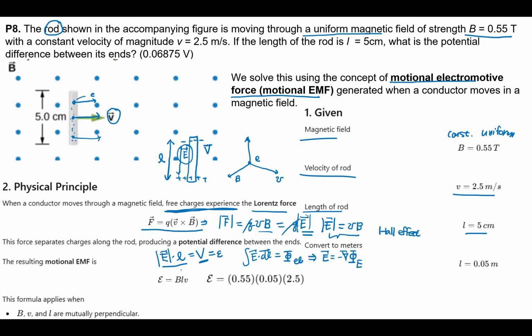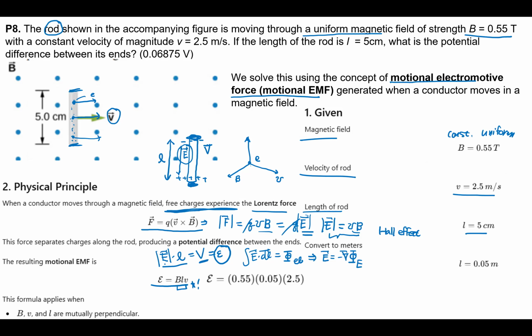And then eventually your potential EMF is E times L. E times L is vLB. Okay. This formula is very important in the next problems as well. So what is happening here is that the potential difference between its ends, here and here, is given by vLB.